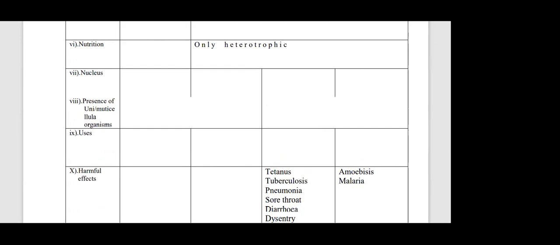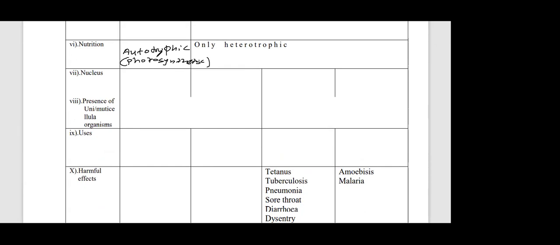I'll write here nutrition of algae, autotrophic. Or you can write within bracket photosynthetic. Right. Algae only photosynthetic.